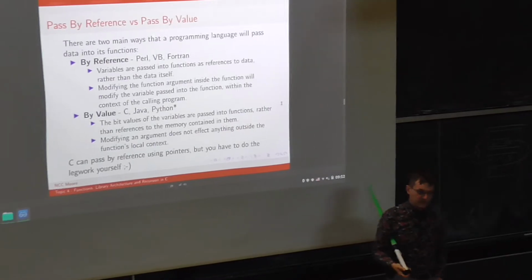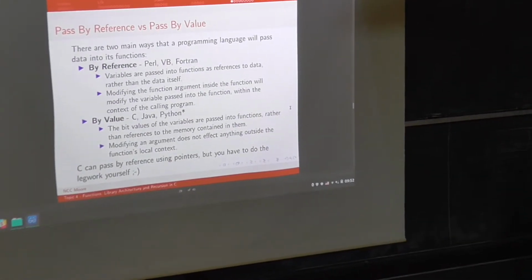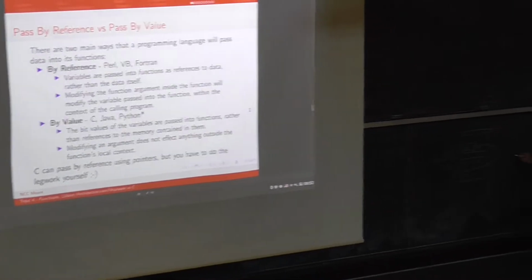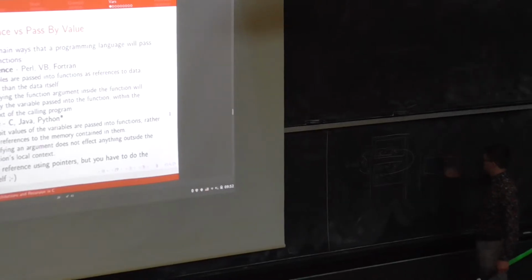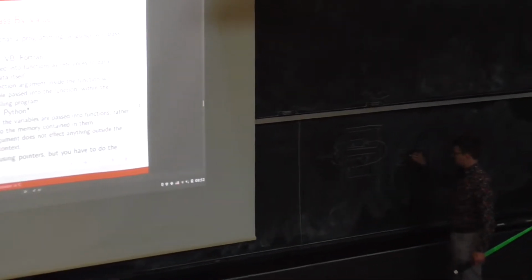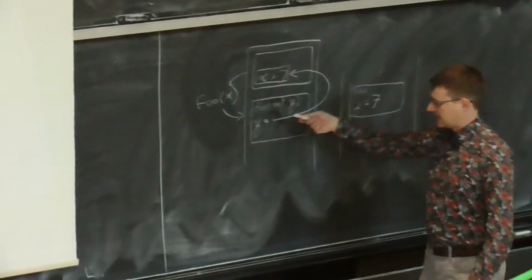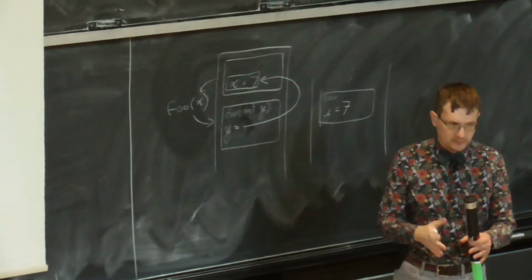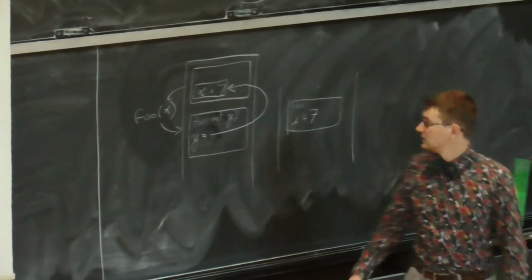So with pass by value, in a pass by value system, in the same situation, y would actually be given the direct bit value that's been passed in, thus separating it from the calling function.